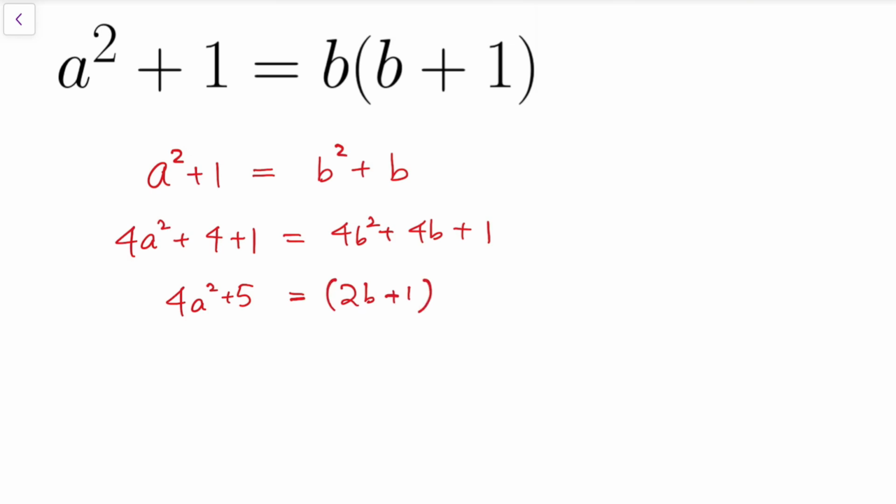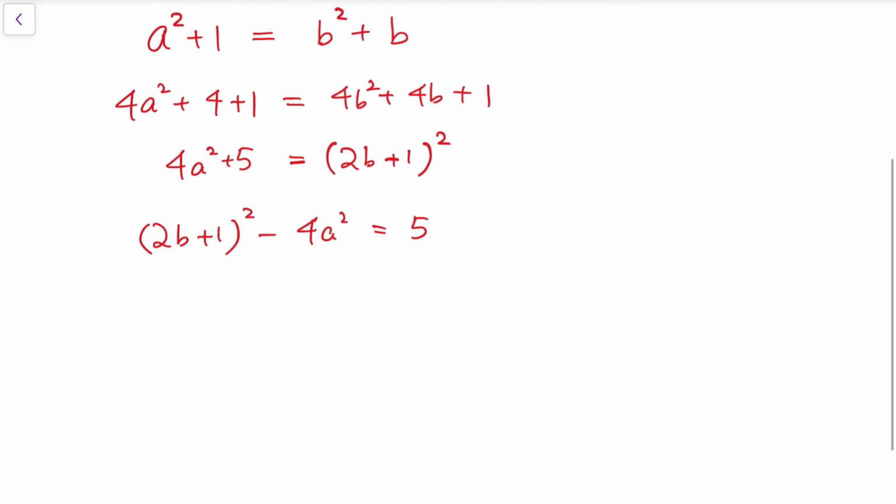Notice that the right side is now a perfect square, which is 2b plus 1 all squared, while 4a squared is also a perfect square, so actually we can write 2b plus 1 all squared minus 4a squared equals 5. Or in other words, 2b plus 1 all squared minus 2a all squared equals 5.